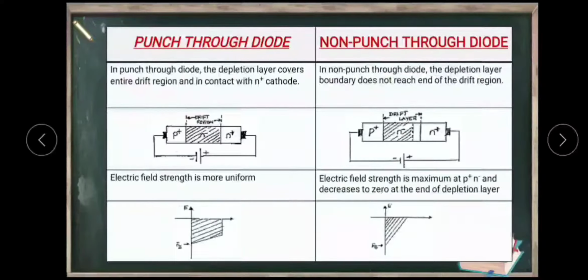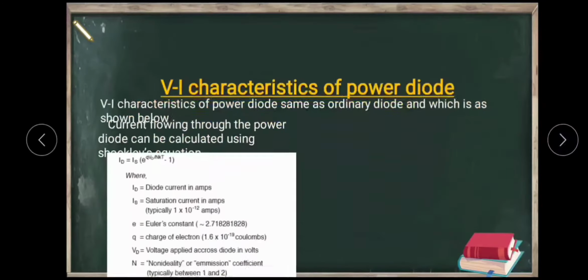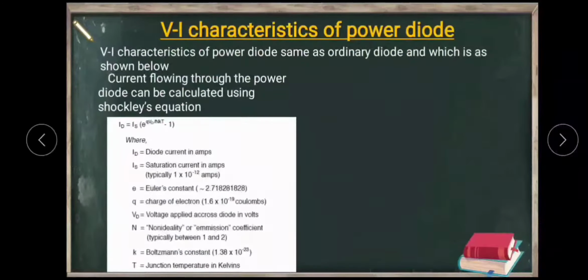Now, the next one is the VI characteristics of power diode. The VI characteristics of a power diode are almost similar to an ordinary diode, as shown in the figure. The current flowing through the diode can be calculated using Shockley's diode equation.